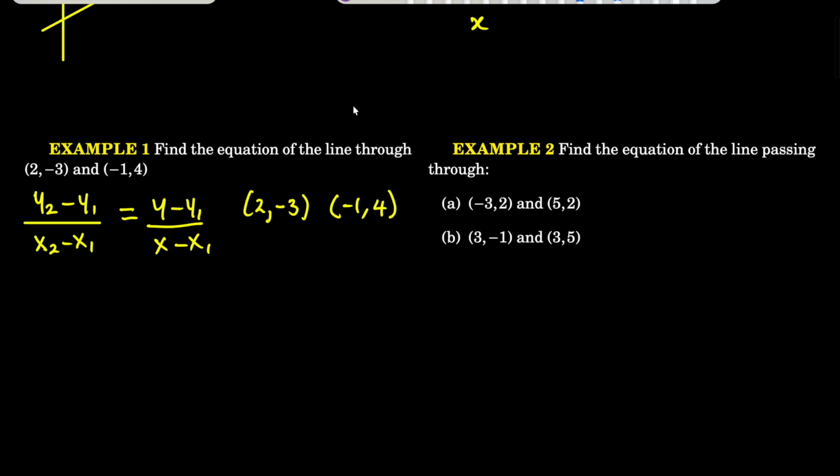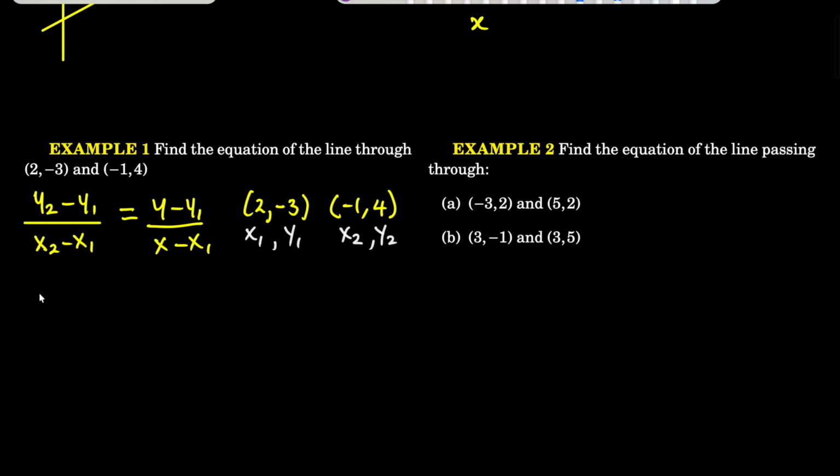So what we are going to do, as always, is to call this x1, y1. This is going to be x2, and the next one is going to be y2. After that, we plug in these values into the equation that we have.